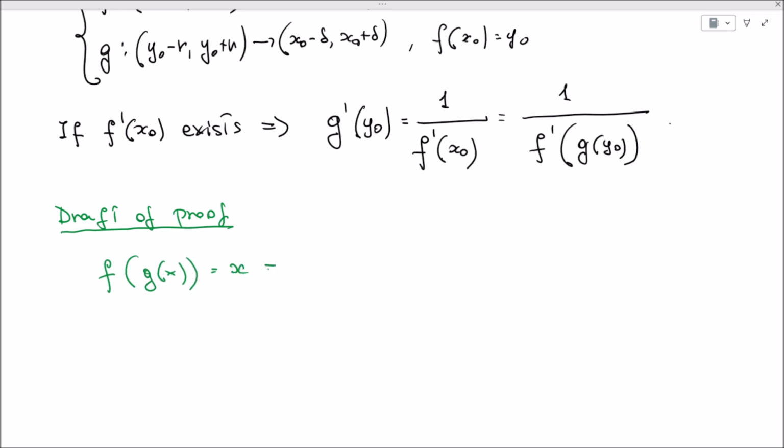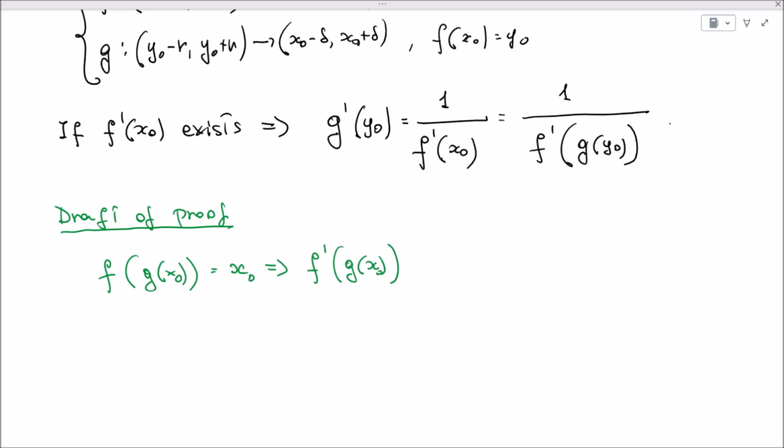Now if we take the derivative of the left hand side by using the compound function theorem, we have that this is f prime of g of x, times g prime of x.